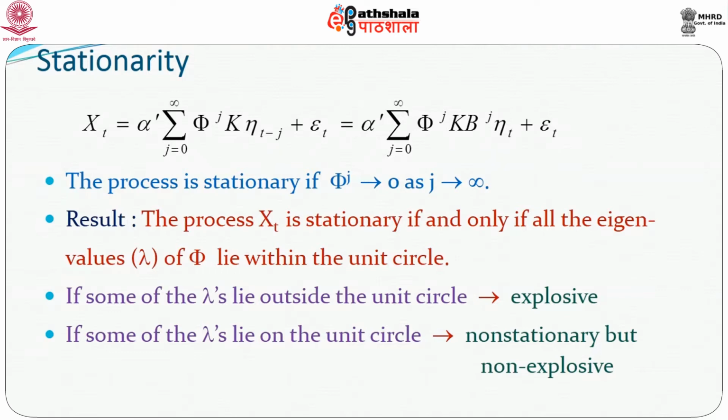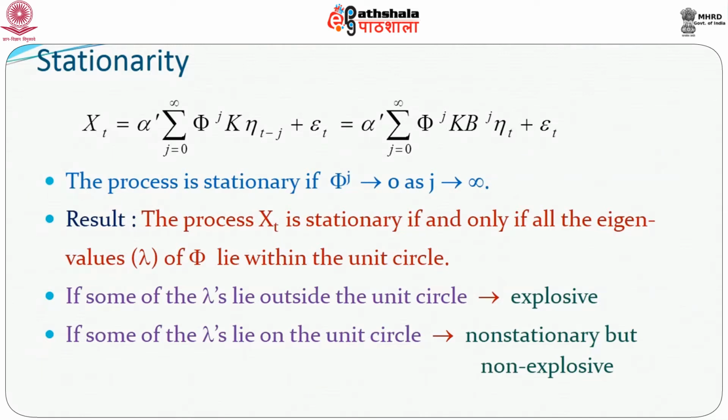Of course, in the last case we assume that none of them are outside the unit circle. So, it may be that some of them are within the unit circle, some of them are on the unit circle, and some of them are outside the unit circle. So, we have a case of a non-stationary explosive process.